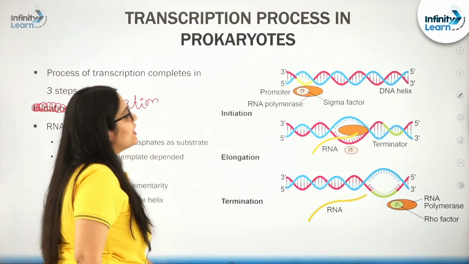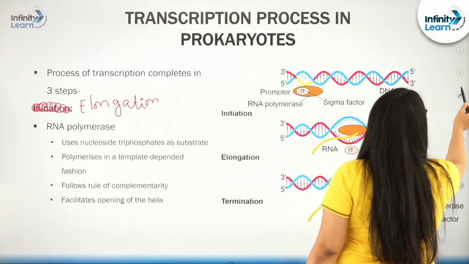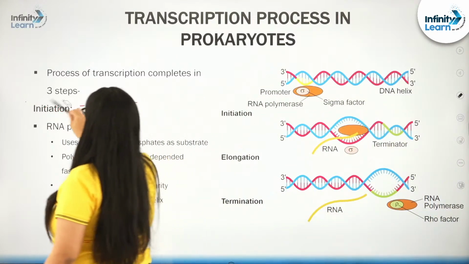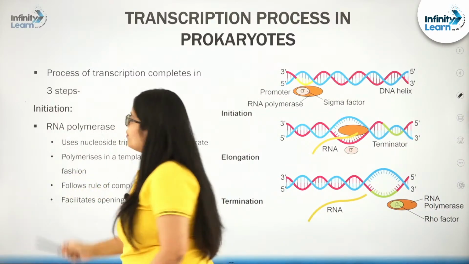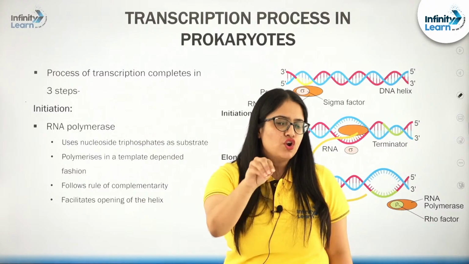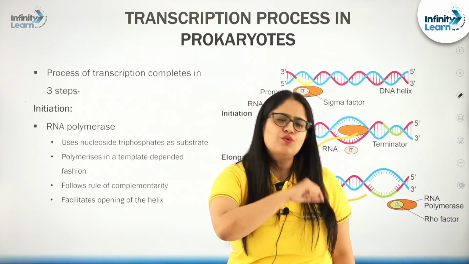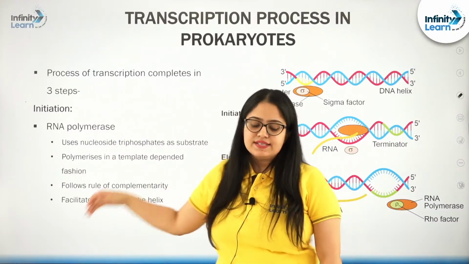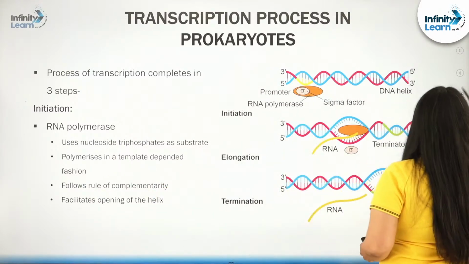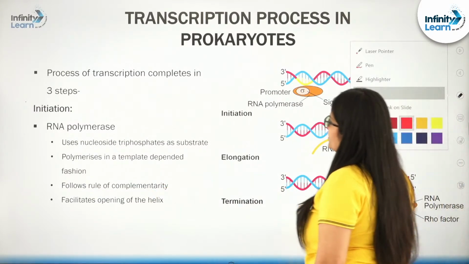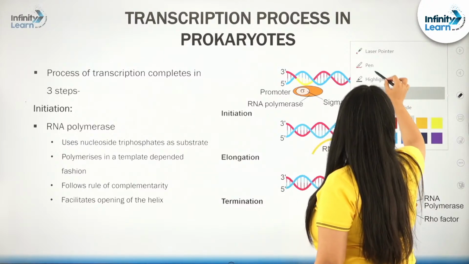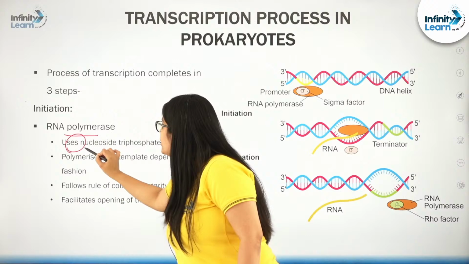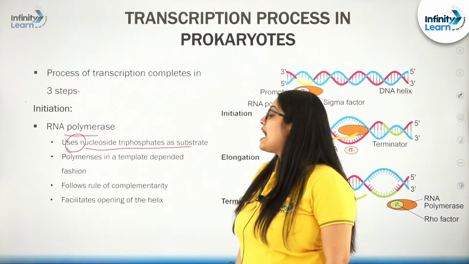I wanted to explain some more points about initiation over here. Before jumping into the elongation process, there are a few more important facts that I wanted to explain about initiation. Students, please notice the very first one. During the initiation process, RNA polymerase also uses nucleoside triphosphates as substrate.